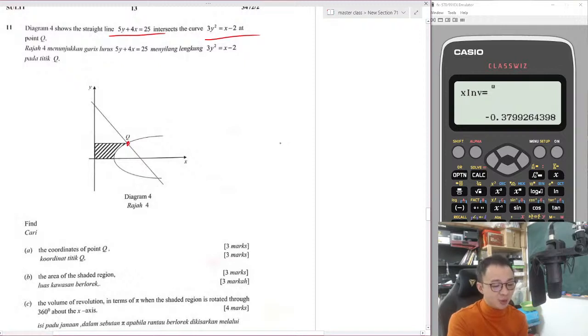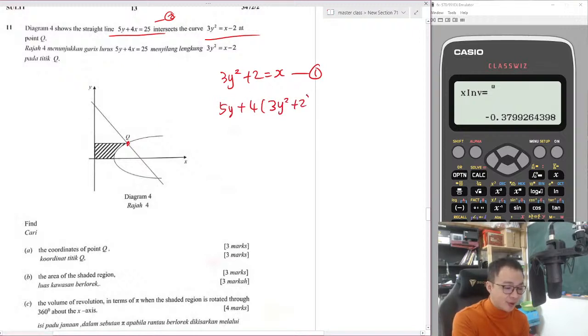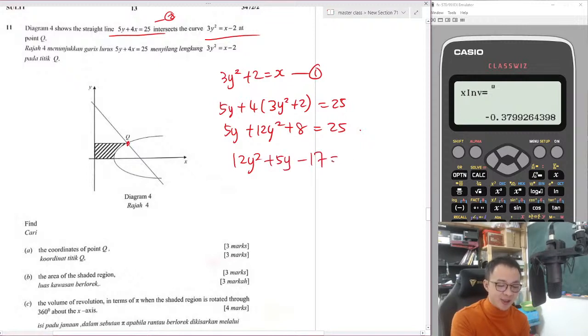Then we just do some substitution. I say 3y squared plus 2 equals x. I make this the first equation and this the second equation, and substitute 1 into 2. So 5y plus 4x equals 25. Let me solve this: 12y squared plus 8 equals 25, so 12y squared plus 5y minus 17 equals 0.